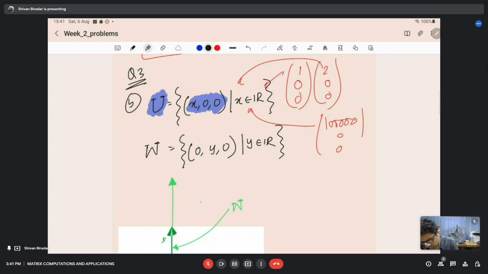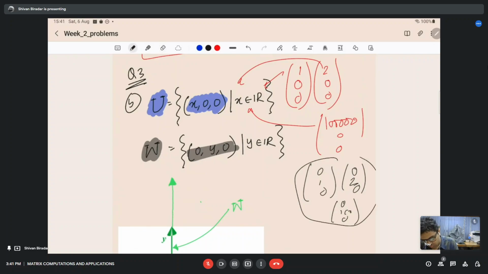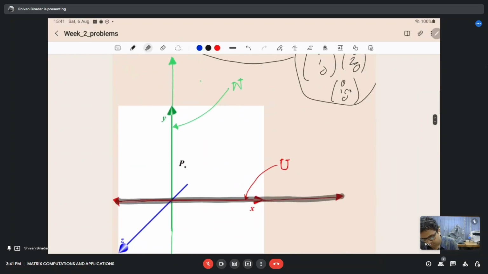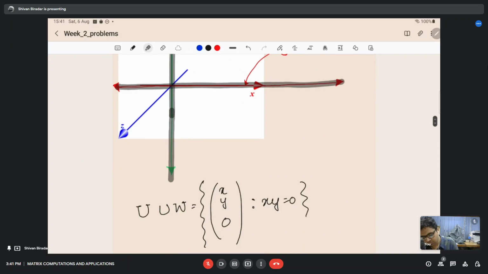So consider this subspace which is of this form, which means that 010, 020, 01 crore 0, all of these vectors would lie in this subspace W. So W would be basically this part only.